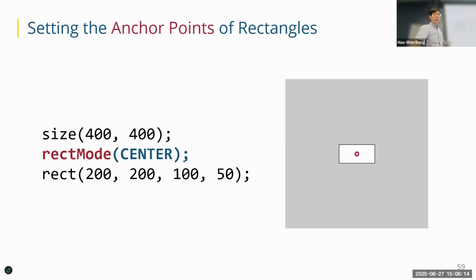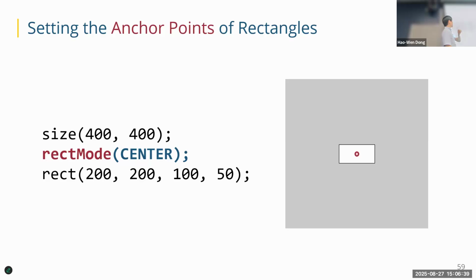And we talked about the rectangle. One thing different from the circle is that the circle uses the center point as the anchor point, but for the rectangle, by default it uses the top left corner as the anchor point. So if you want, you can set rectMode to CENTER, and remember that it's all caps for CENTER.